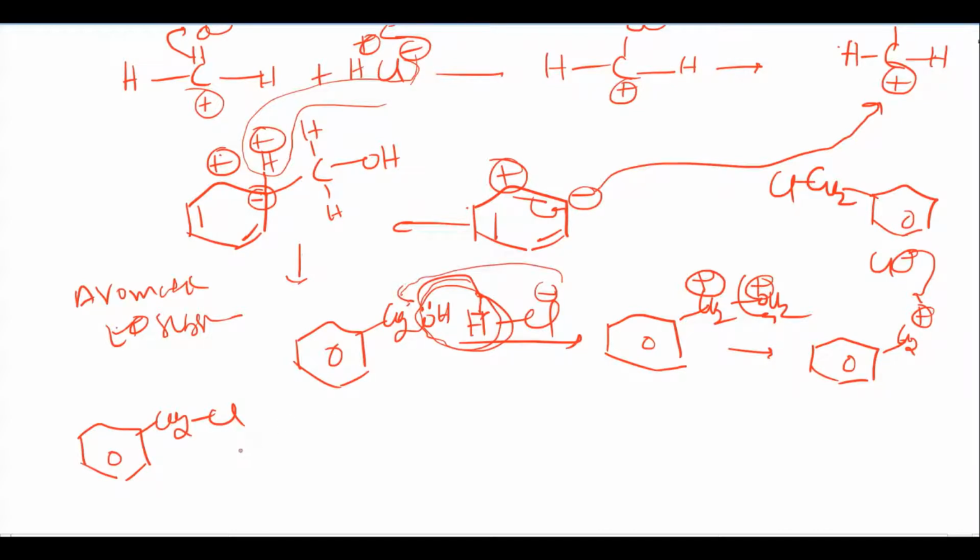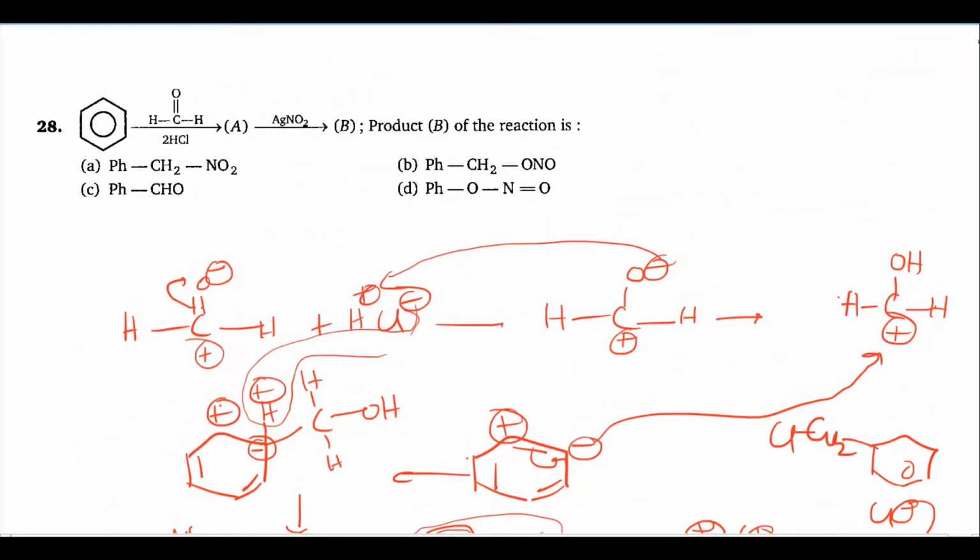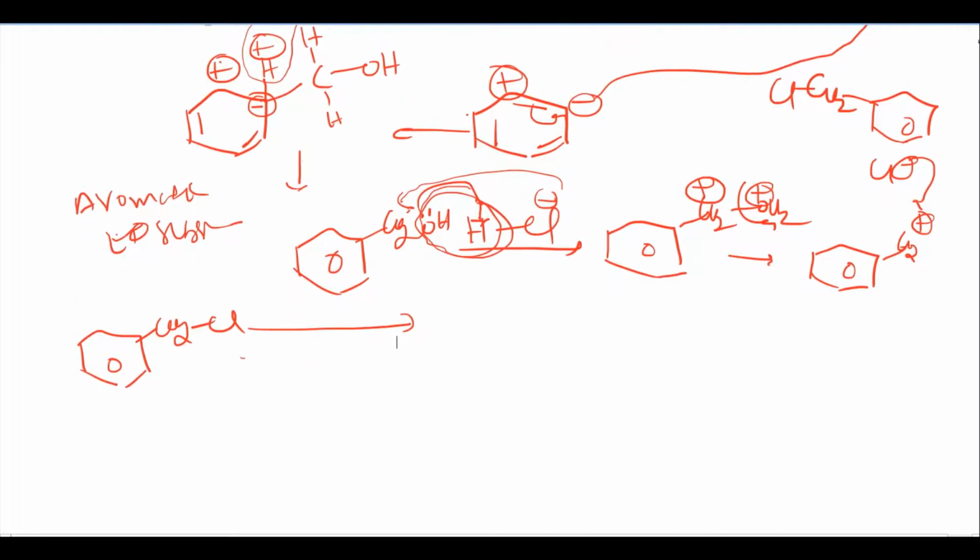After that, this is treated with, again, what is the reagent? AgNO2. Whenever this is treated with AgNO2, AgCl is eliminating, and this is forming CH2NO2.